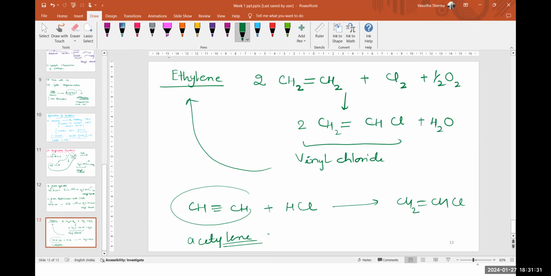Now next we will look into another type of vinyl substitution reactions.